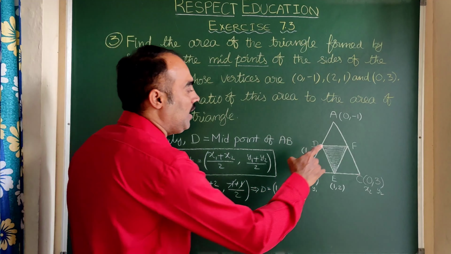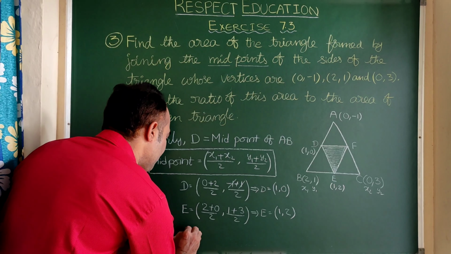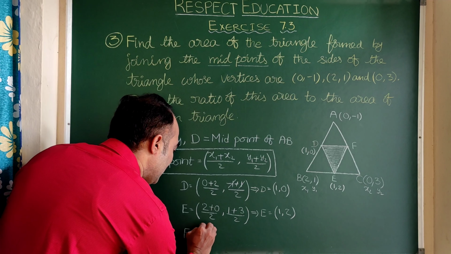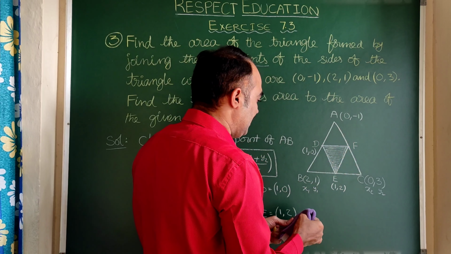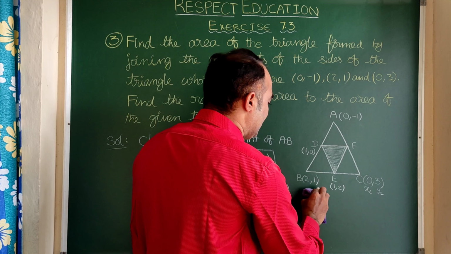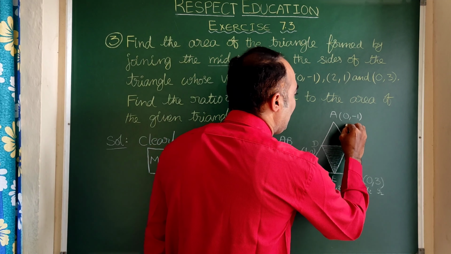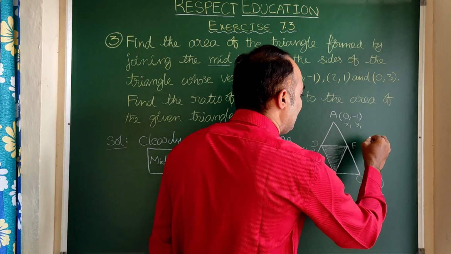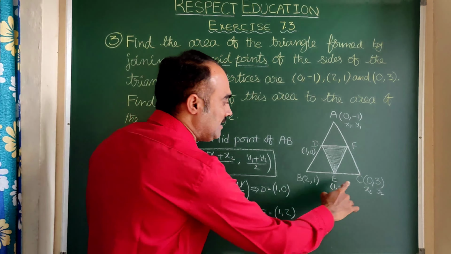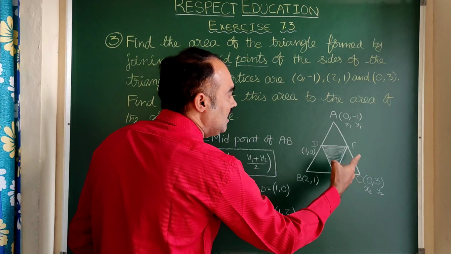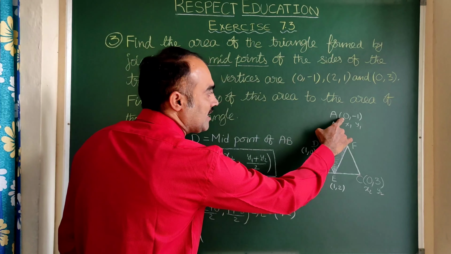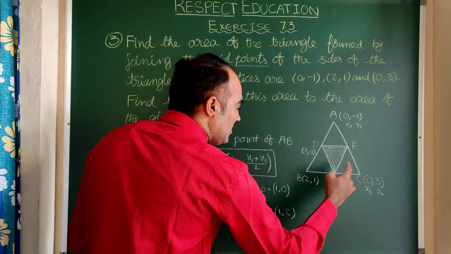Now we have to find F. F is the midpoint of A and C. So we change the labeling. Here A I am taking as x1, y1 and C as x2, y2. So x1 plus x2, here x1 is 0, x2 is also 0.